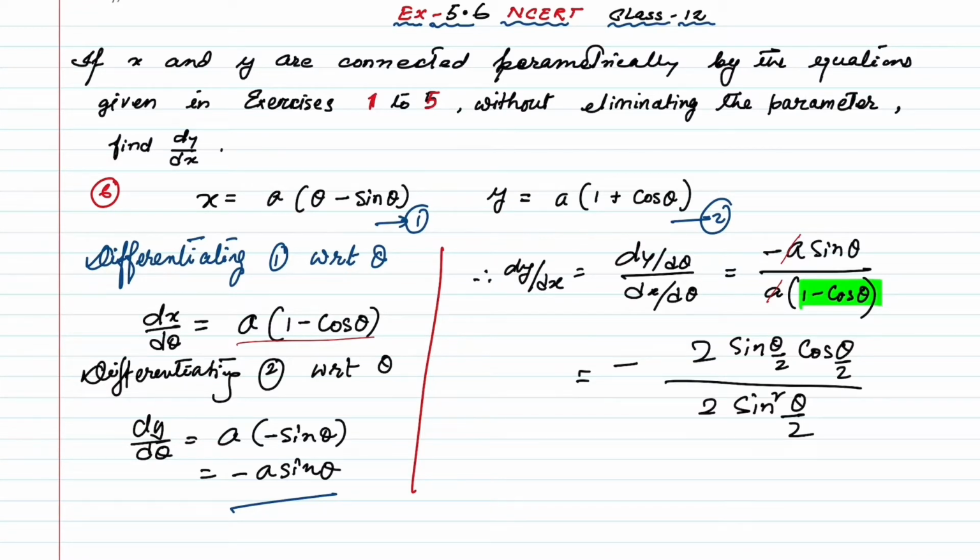So here the 2 cancels, and sine theta by 2 cancels with sine square theta by 2, so we get cos theta by 2 by sine theta by 2, and cos by sine is cot, so we get minus cot theta by 2. So this is our result.